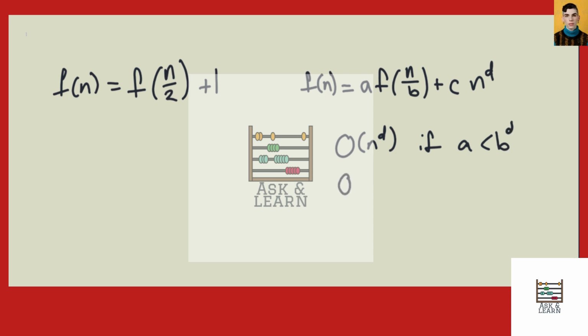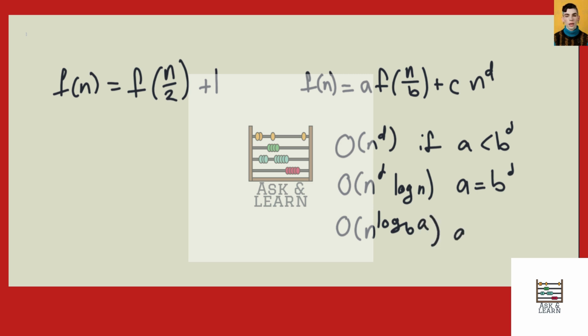It's going to be O(n^d log n) if a is equal to b^d, and it's going to be big O of n to the power of log base b of a if a is greater than b^d.